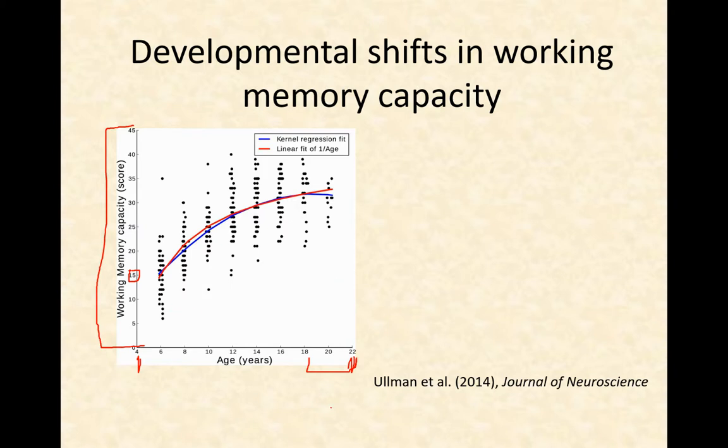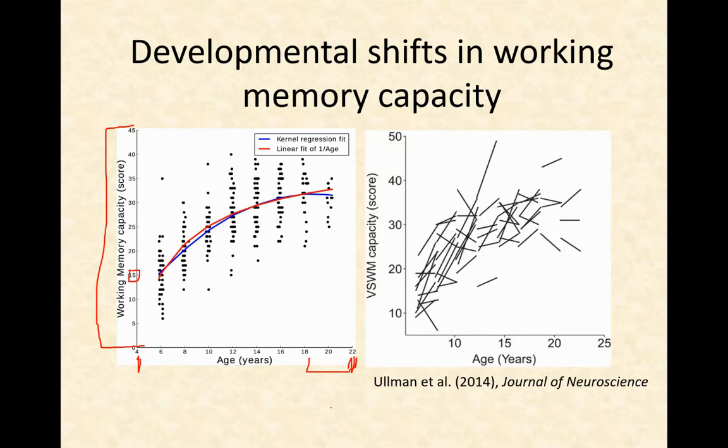Something important here: this shows the overall trajectory. These dots are individuals in the study over time, but when they looked at people's individual trajectories, wow, we see a lot of differences. Here's someone who participated early on, and their working memory capacity actually declined as they got a little bit older.